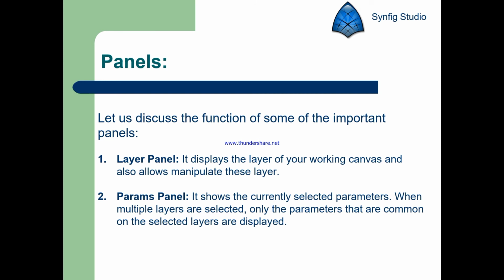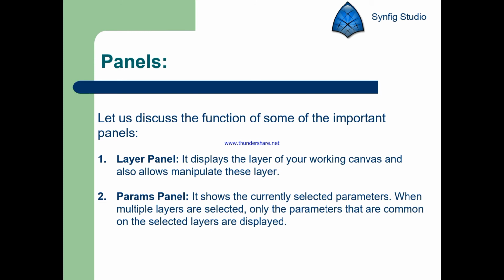For example, if you select a circle, it has two parameters: first radius and second center. From that you can modify the object through the params panel.